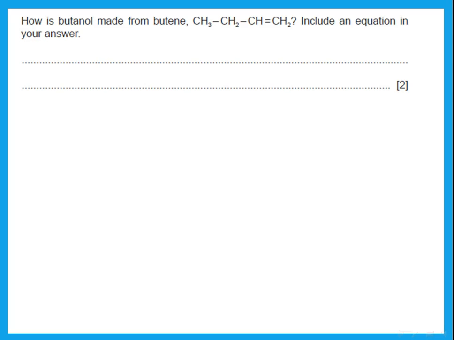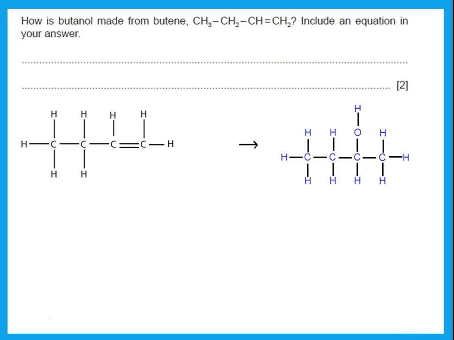Okay, how is butanol made from butene? Again, this is the same question. I have butene and I want to make butanol. So this is butanol. Butanol means something that has an OH somewhere. That means I opened up the double bond and added water. And we said, what are the conditions for adding water?